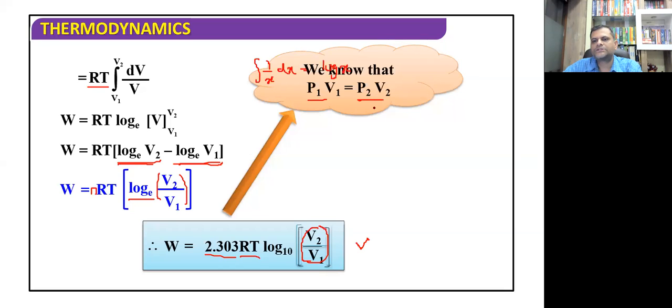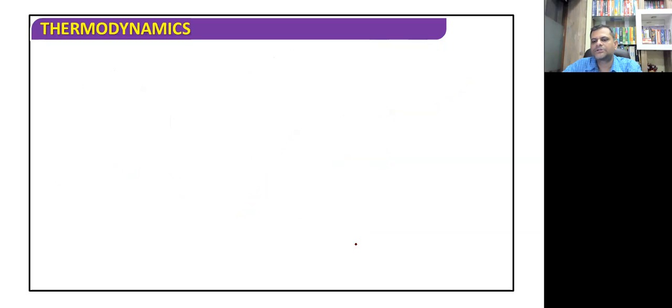So ये जो Boyle's law है, तो वो अगर हम यूज करेंगे तो इससे हमको क्या मिलेगा? देखो, V2 upon V1 can be proved to be equal to P1 upon P2, and hence this equation can also be modified as 2.303 into RT into log of P1 upon P2, where P1 and P2 are the initial and final pressures respectively. Again, this is for 1 mole.